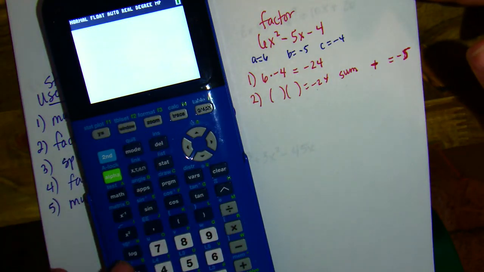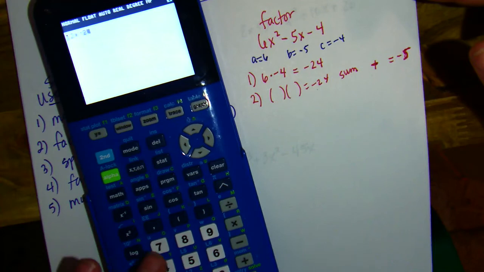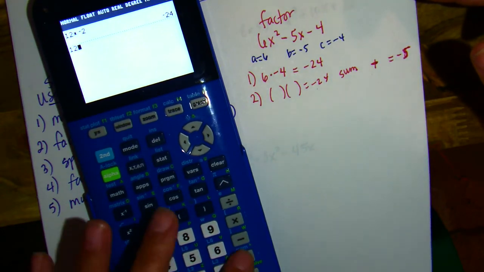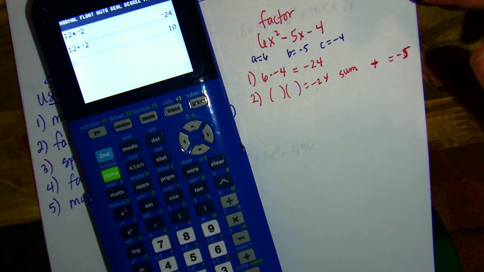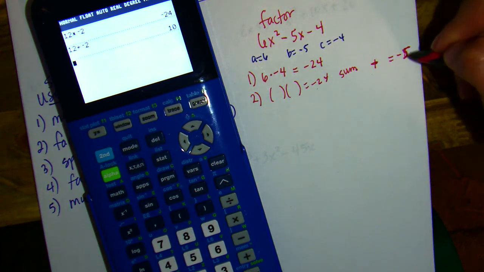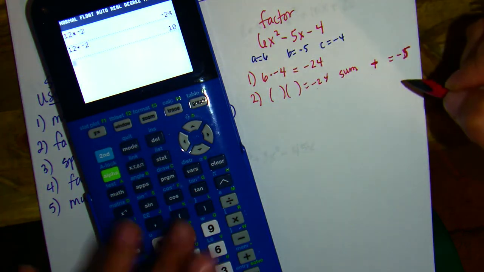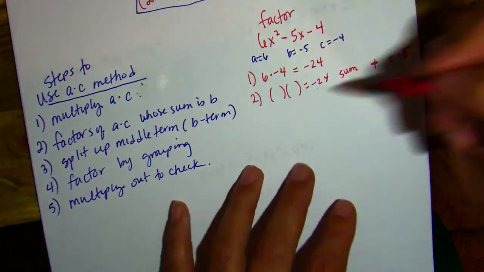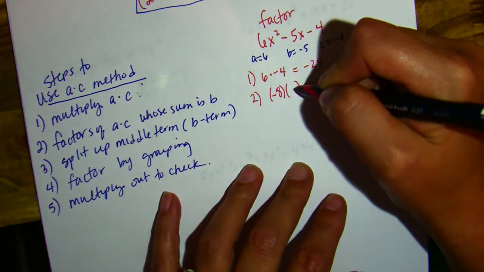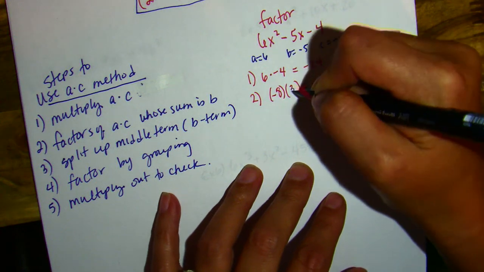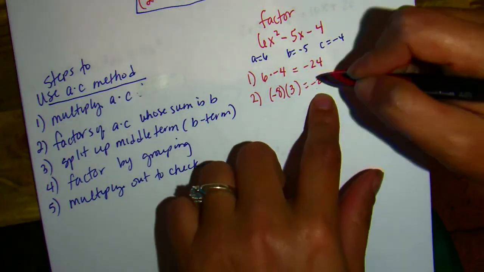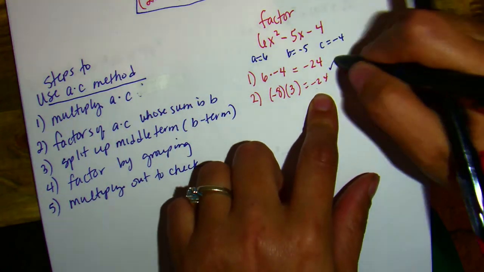So let's talk about why 12 and 2 doesn't work. 12 times -2 does give me -24, but 12 plus -2 adds up to be 10, and I want it to be -5. So this takes a minute of you playing with your calculator a little bit until you ultimately discover that it must be -8 and 3, right? -8 times 3 does give me -24, so it meets that.